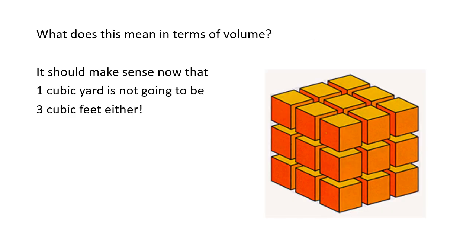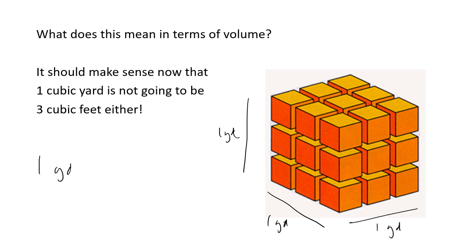So again, we looked at this in section 11.1, so as a little bit of a refresher, again, this is 1 yard by 1 yard by 1 yard, so this is a 1 yard cube. And so is this going to be 3 cubic feet? Well, we can see here's 1, 2, 3 cubic feet.